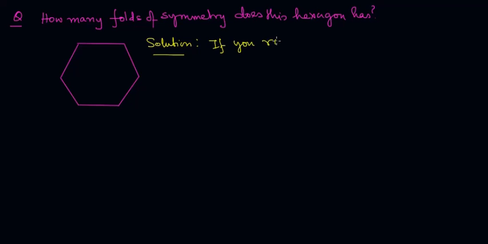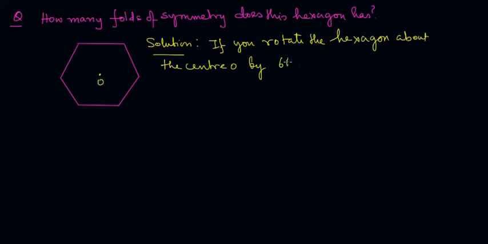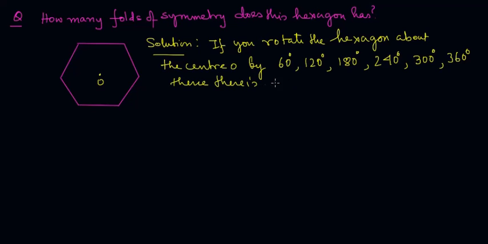So if you rotate the hexagon about the center O by 60 degrees, 120 degrees, 180 degrees, that is in multiples of 60, then 240 degrees, 300 degrees, 360 degrees, then there is no change in the system as far as you are concerned, right?